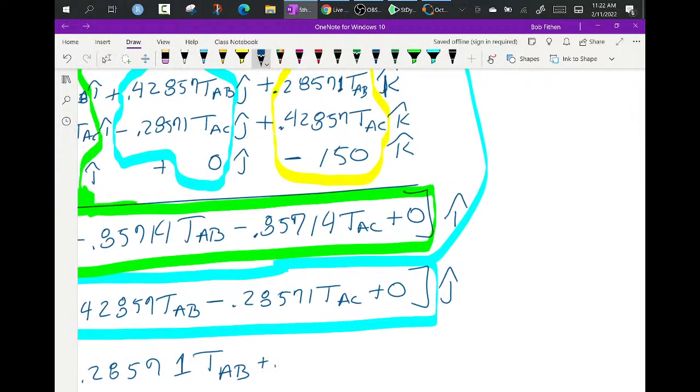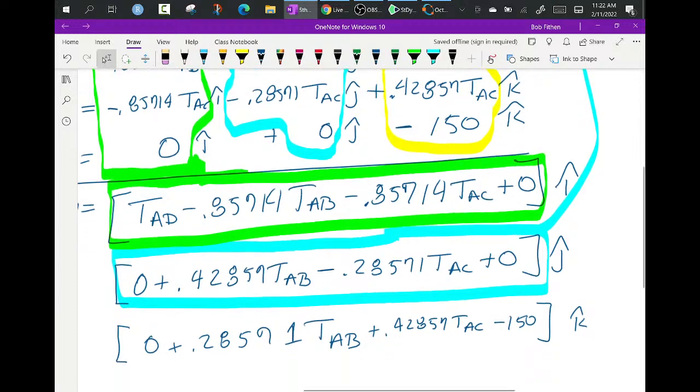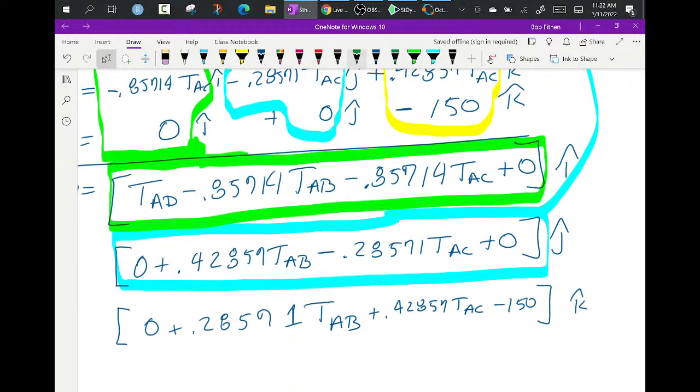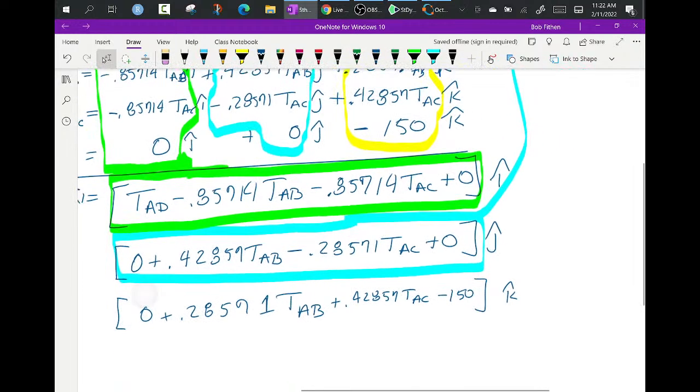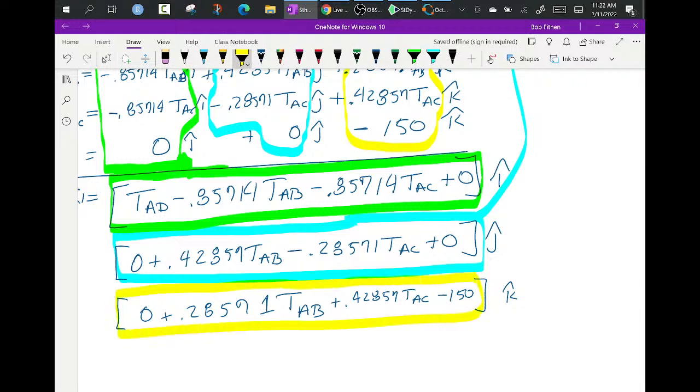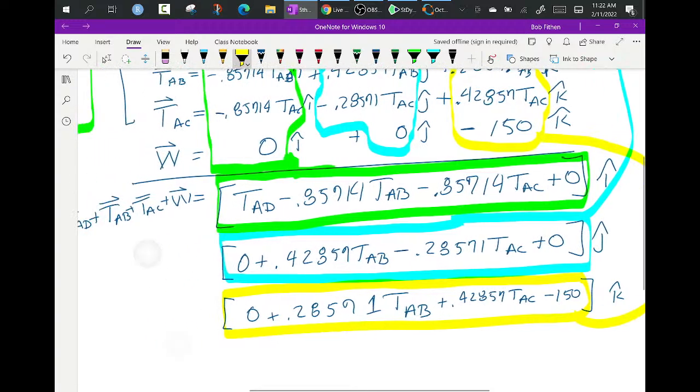And then plus 0.42857 TAC, again copying just out of the yellow, minus 150, and that gives me K. So again, this is nothing more than an addition of all those characters, all those numbers in there.